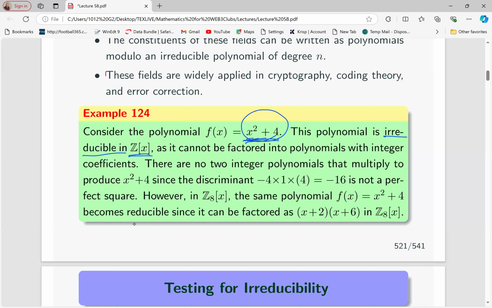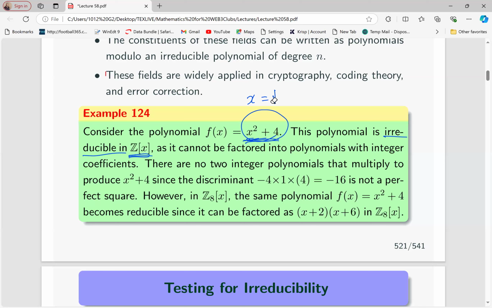When you're considering the field of integers, it's not possible, and the reason is the discriminant. What is the value of the discriminant? It is the expression from the formula we used in high school to get the value of x for a quadratic equation.